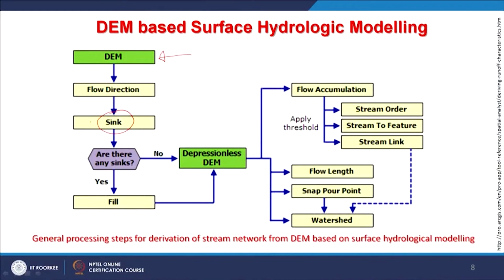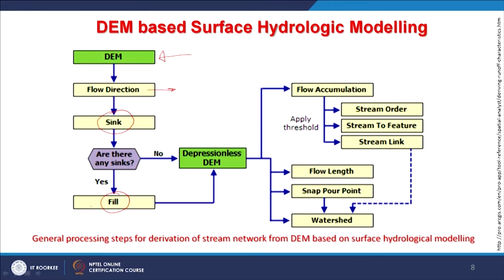Once you have identified the sinks, you already have one output, which is flow direction. Now you have to fill these sinks, no problem. There are algorithms and software, and very easily you can fill the sinks. So now you have a digital elevation model devoid of sinks or depressions, which you have identified and filled.